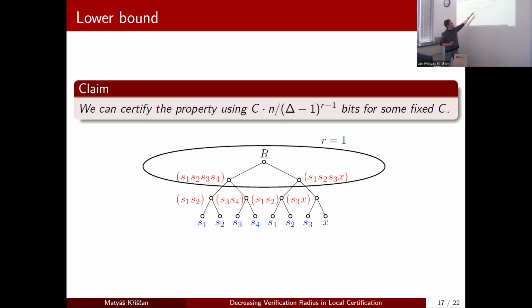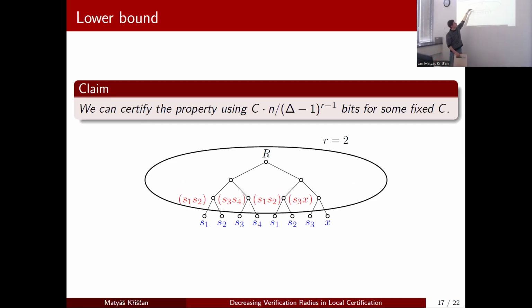And at the end, the root takes a look if the string on the left and on the right is the same, and based on this, rejects or accepts. Everybody else accepts by default, unless something else is broken. And the size of certificates is this. And you can see that if we increase the radius by 1, then we can cut the size of the certificates by half.